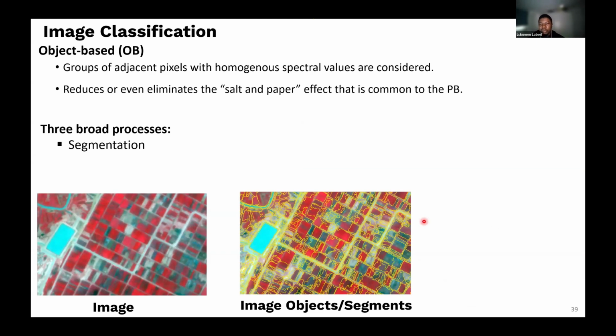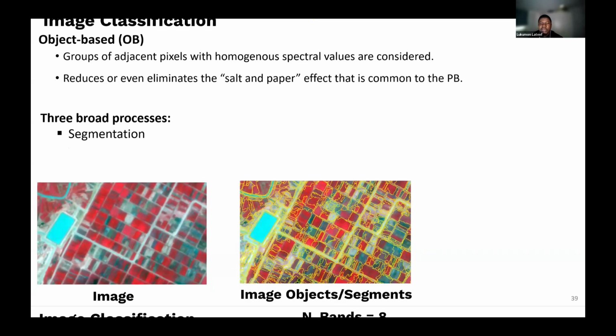So we group them together into what we call image objects, or segments. You can see here, this looks like vegetation because it's displayed in a false color infrared combination. The red color here shows vegetation or crops. It tries to group them based on their similarity. The yellow boundaries are the boundaries of the groups of pixels. They are called segments or image objects.